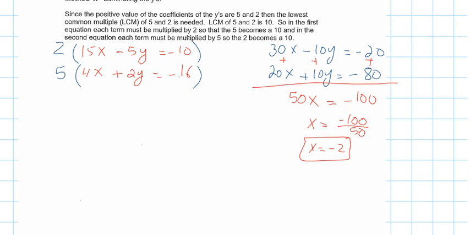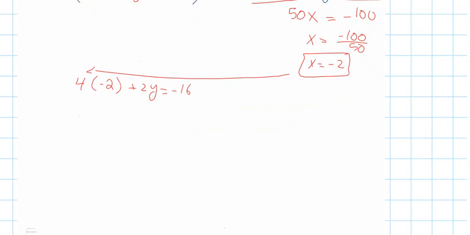So this is my next step. 4 times negative 2 plus 2y equals negative 16. So that's going to be negative 8 plus 2y equals negative 16. And then bring the negative 8 over.